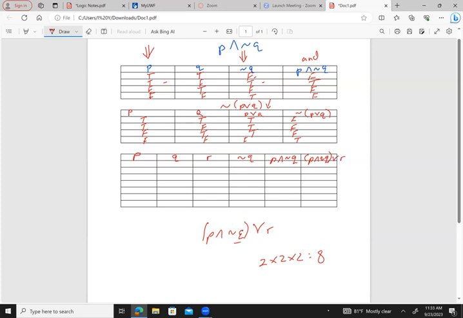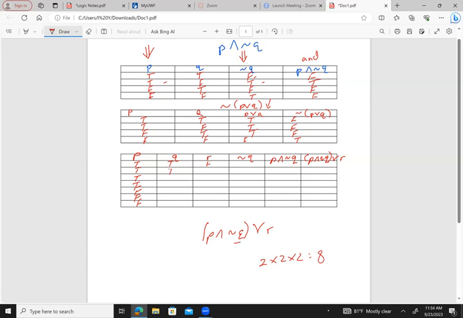P and not Q or R. So let's look at how this works with three statements. Well, we start off, half of them are going to be true for P. Start off with the first half. False, false, false. Now we can have true, false, or true. Let's go true, true.